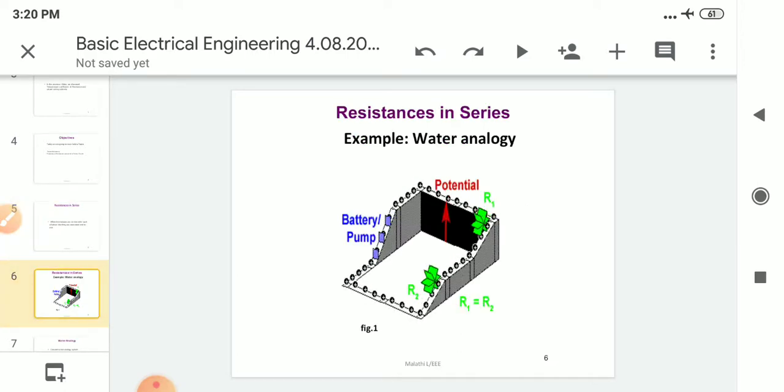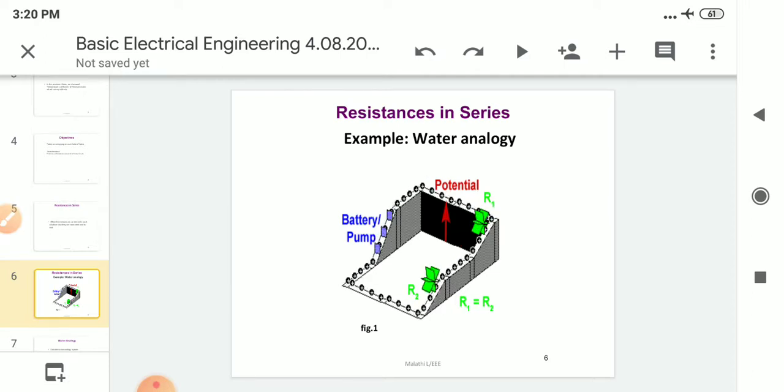Here these are resistances in series. If one end of a resistance is joined with another end of a resistance, then they are said to be connected in series.